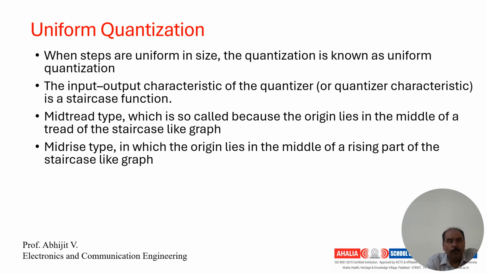What is most desirable, high SNR or low SNR? The signal to quantization noise ratio SNR_Q is given by sigma x square by delta square by 12, or sigma x square by sigma q square.